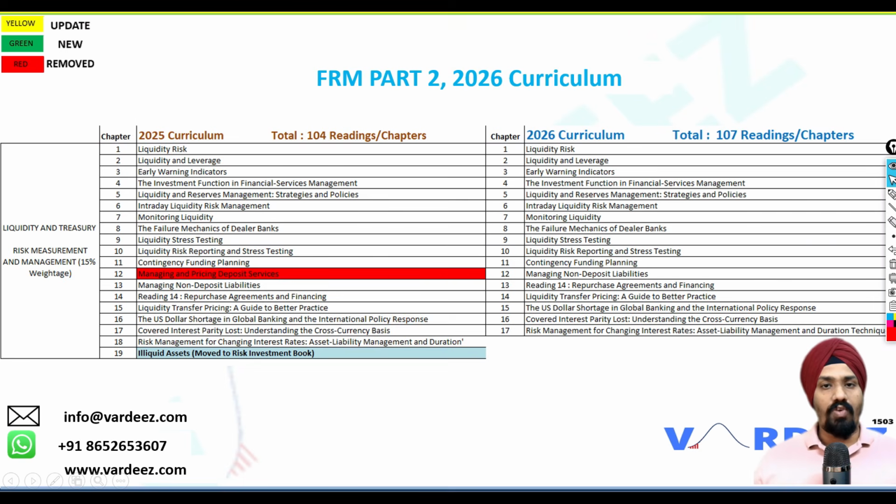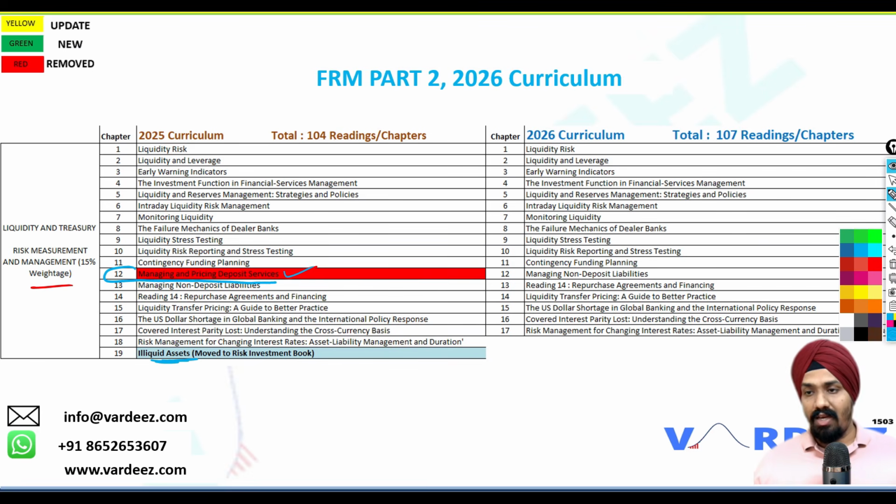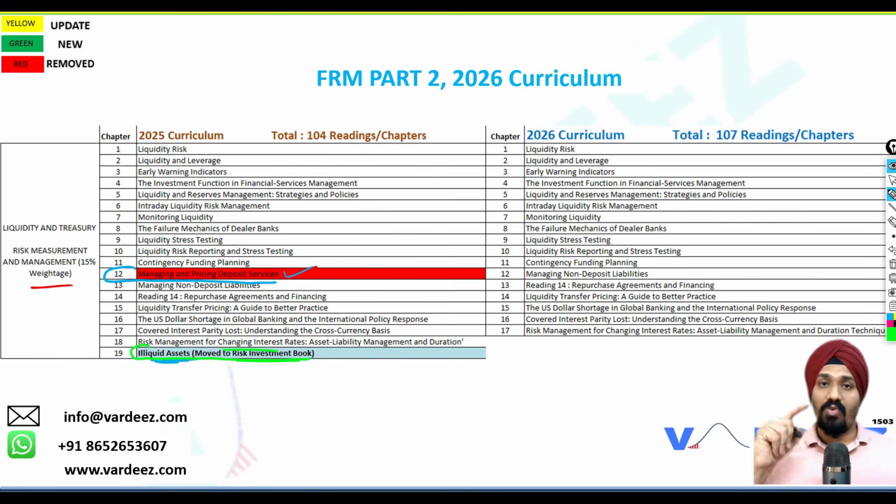Okay, moving on, let's start with the liquidity risk, where one chapter has been completely removed. Chapter number 12, managing and pricing deposit services, has been removed. At the same time, illiquid assets has been removed from the liquidity risk book, but it has been moved to risk investment.